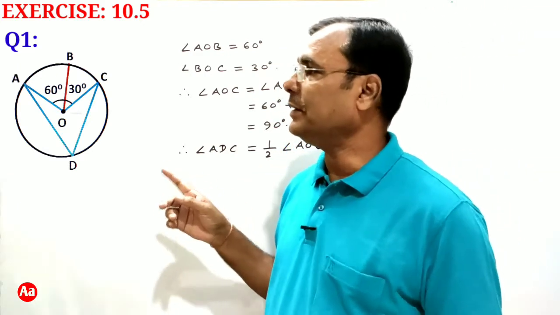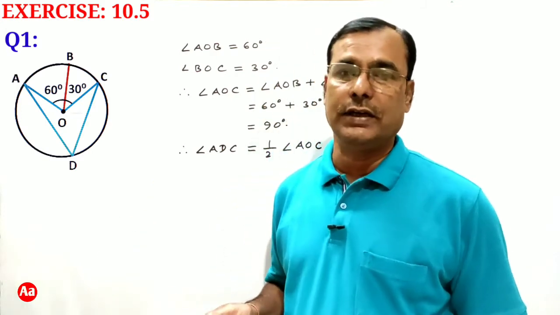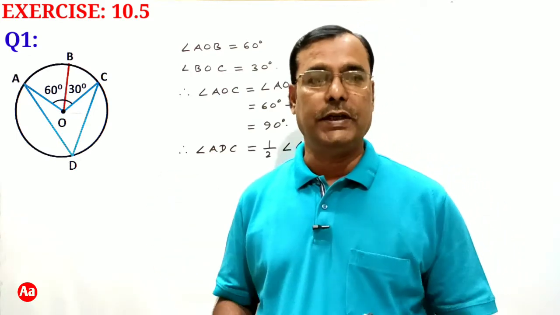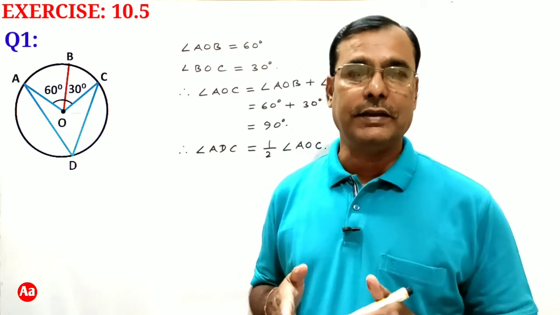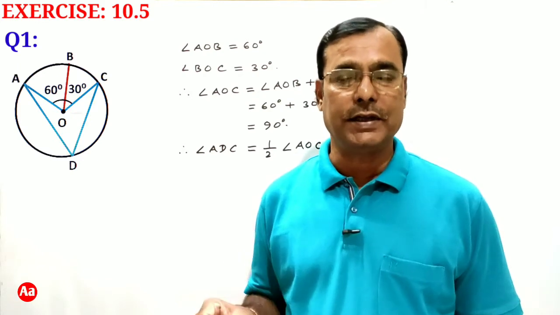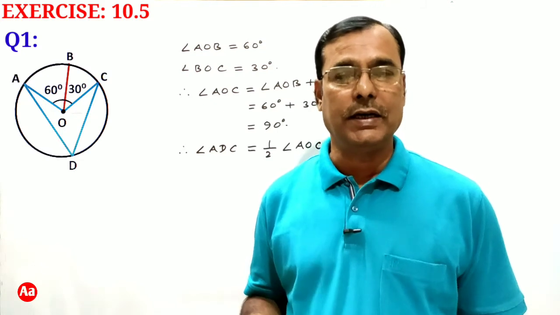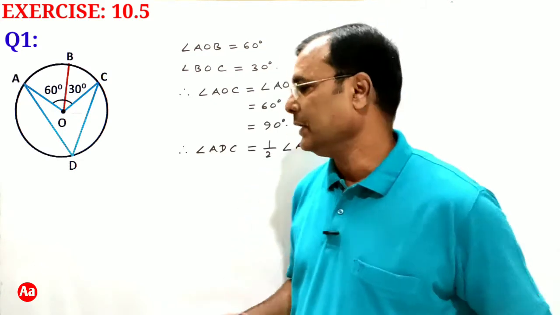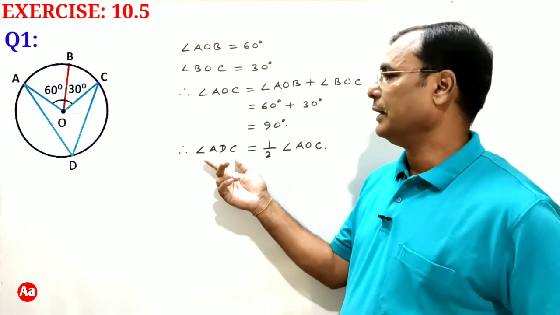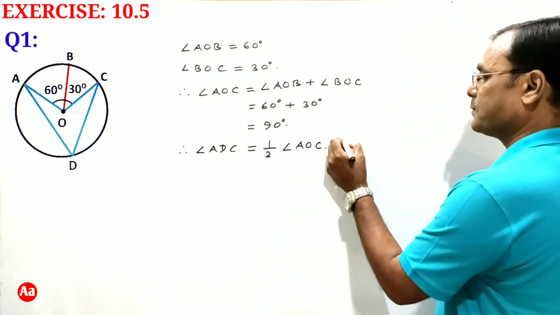Because the same arc ABC subtends angle AOC at the center and also angle ADC at point D in the remaining part of the circle. So we can apply here theorem 10.8 that states that the angle subtended by an arc of a circle at the center is twice the angle subtended by the same arc at a point in the remaining part of the circle. So according to theorem 10.8 we have written angle ADC is equal to half of angle AOC.